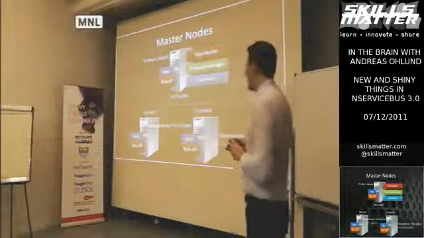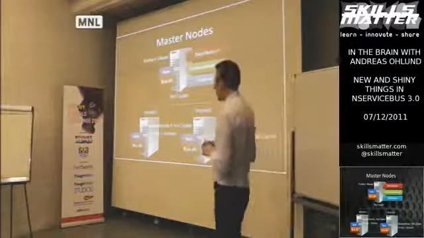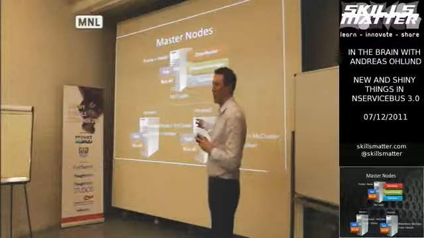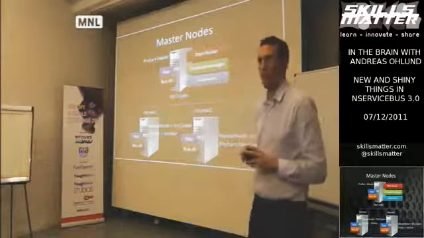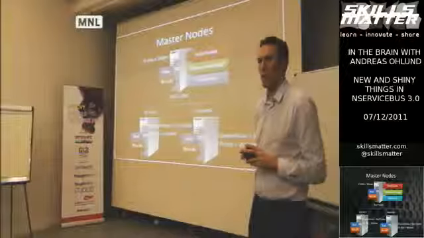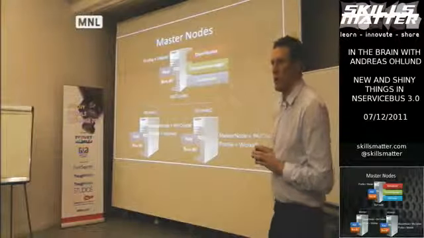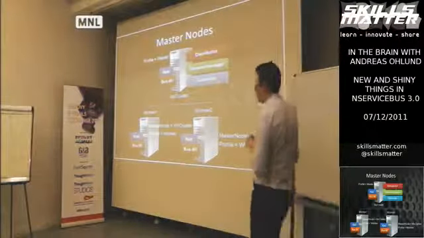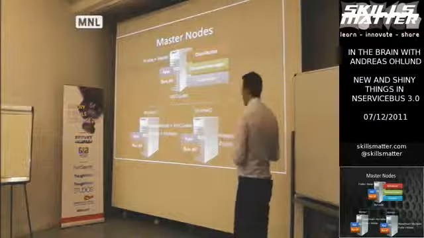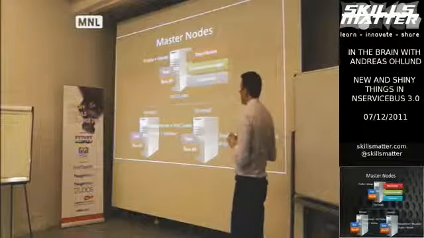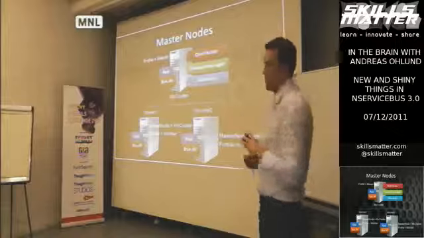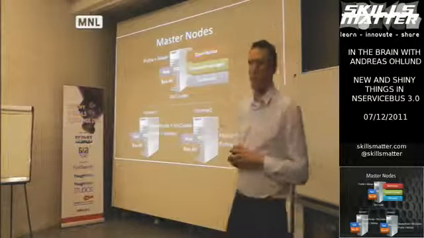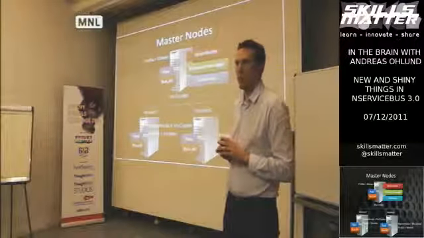Because by doing that and starting them up with a worker profile, they will automatically check in with the master node and sign up as workers. So instead of the tricky configuration you would need to do to scale out, the only thing you need to do now is configure where the master node is and start the workers up in the correct profiles, and everything should work for you.